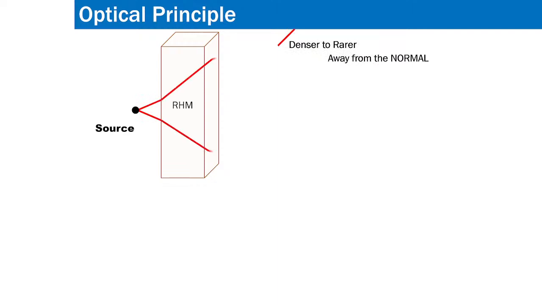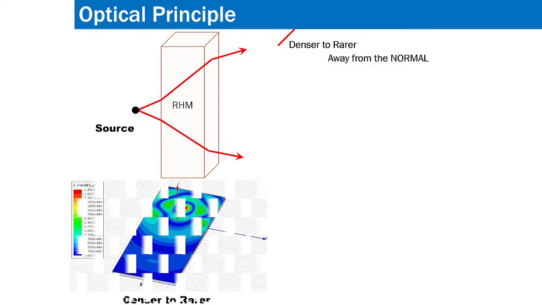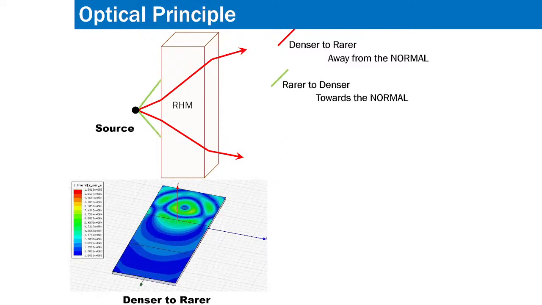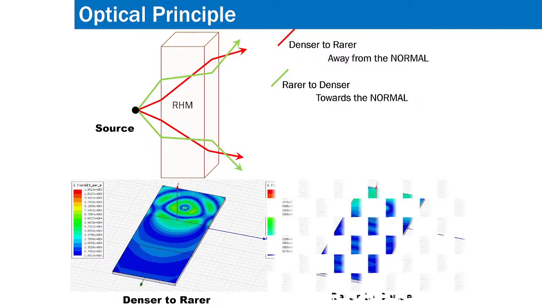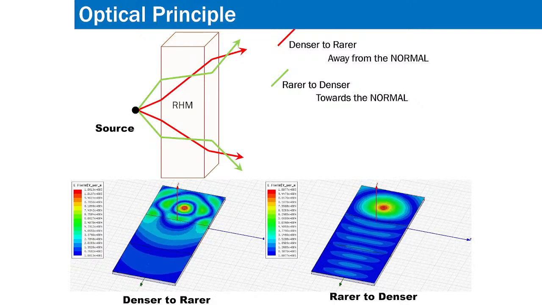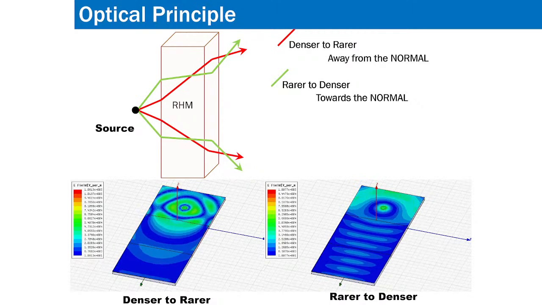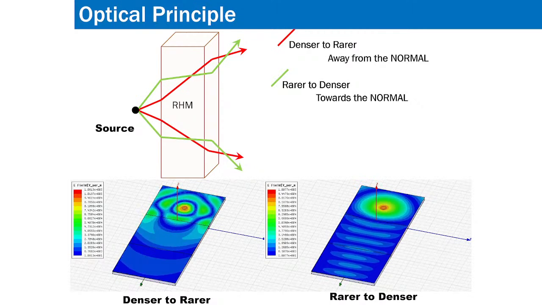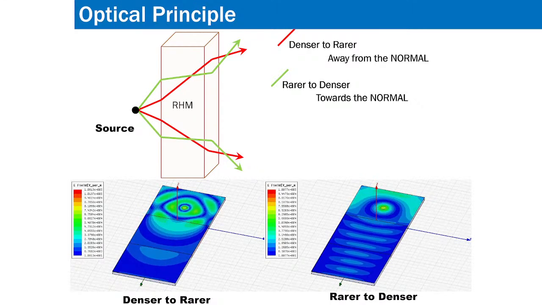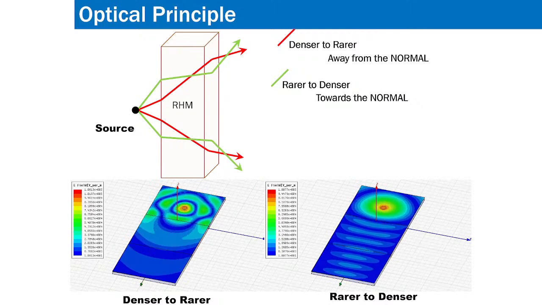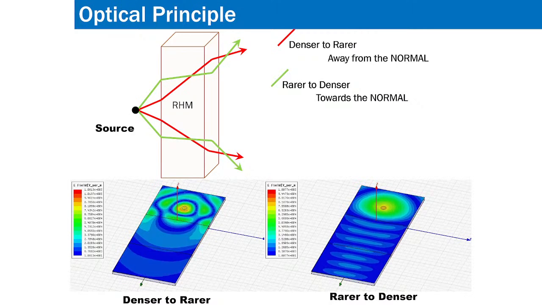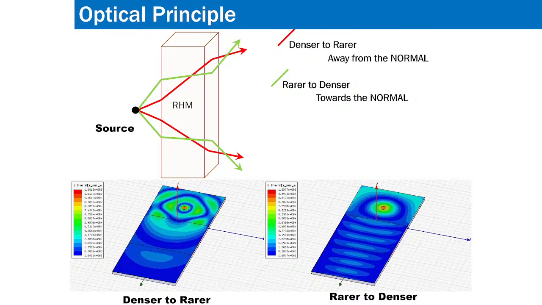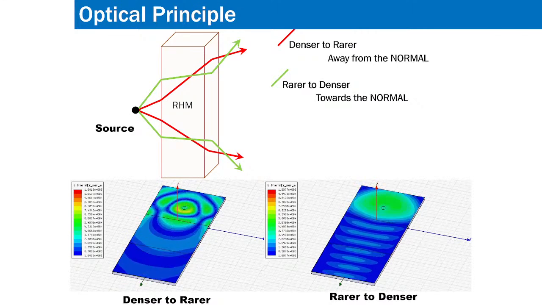Now we'll discuss based on optical principle. Suppose we have a right-handed medium, and from this source, the source is in the denser medium, and the other is a rarer medium.